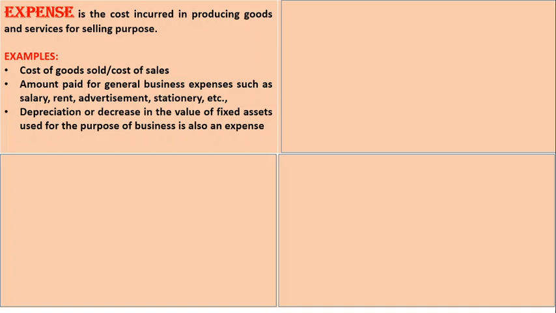So expenses is nothing but the cost which is incurred in producing the goods and services for selling purpose. So when production takes place, the cost involved in that is termed as expenses.